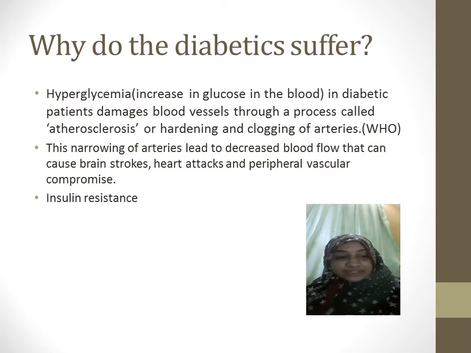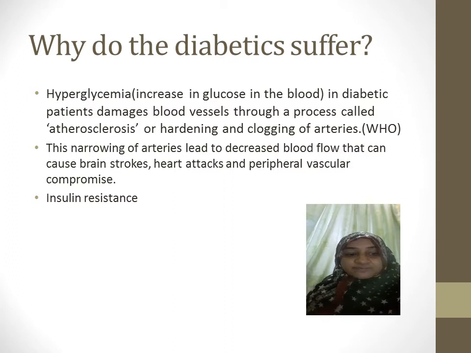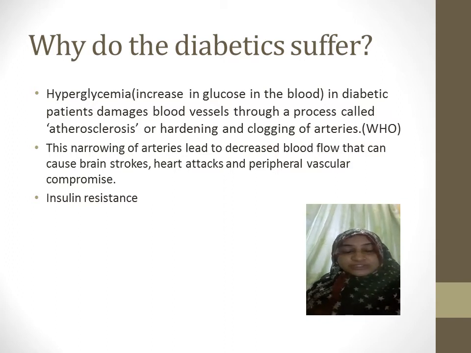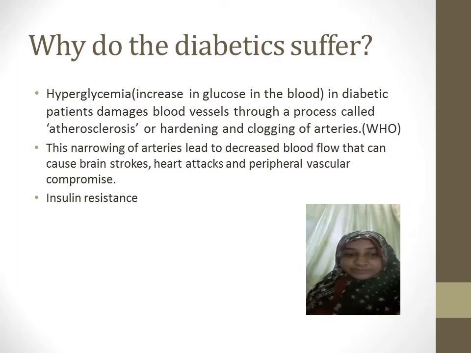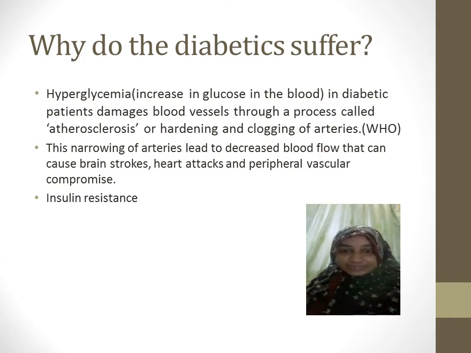The process attracts white blood cells and macrophages to protect the endothelium that's damaged. This causes a stiffening over time, resulting in plaque of the blood vessel walls. And this also contributes to high blood pressure, which is also known as hypertension, in most common diabetic patients.